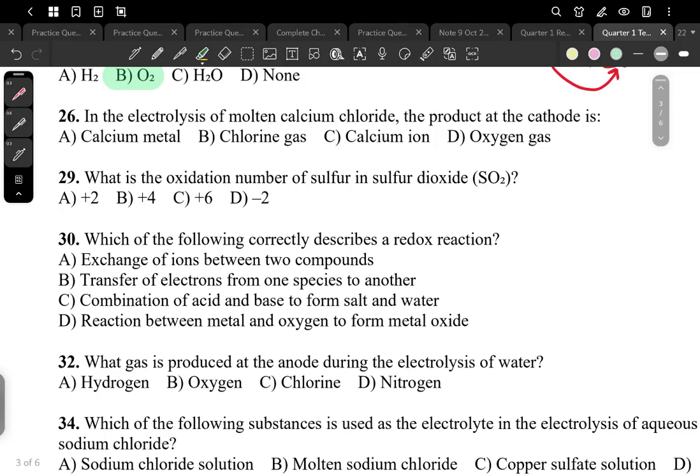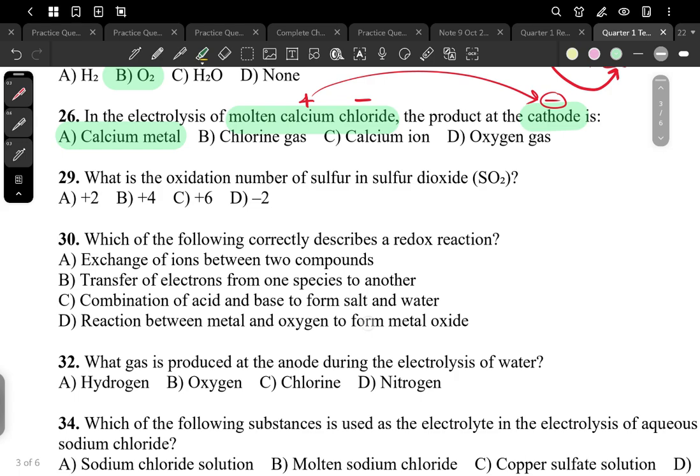And the electrolysis of molten calcium chloride, molten, so no water here. The product at the cathode, so I'm searching for the positive ion. This is positive, this is negative, and the cathode is negative. So the positive ion will go to the cathode, so calcium metal forms after reduction of the calcium ions at the cathode. What is the oxidation number of sulfur in sulfur dioxide?